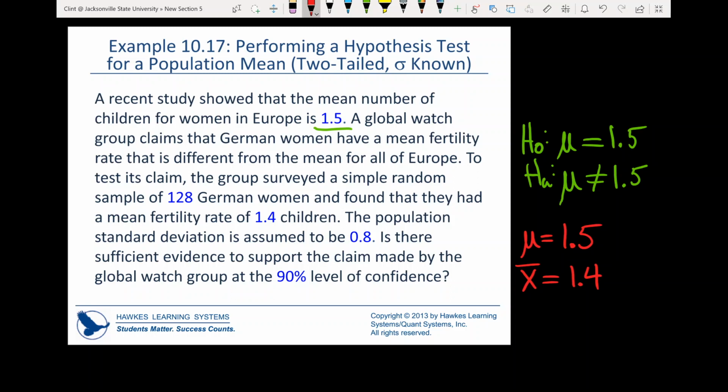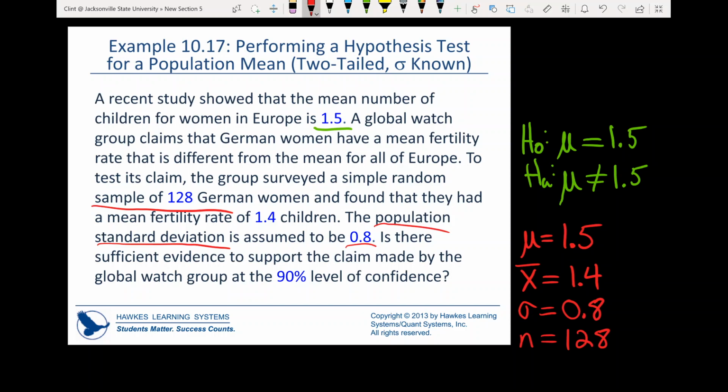Okay. And it also tells us the population standard deviation is assumed to be 0.8. So sigma is 0.8. And the only other number we need is n, our sample size. It says a sample of 128 German women, so there's our sample size there.